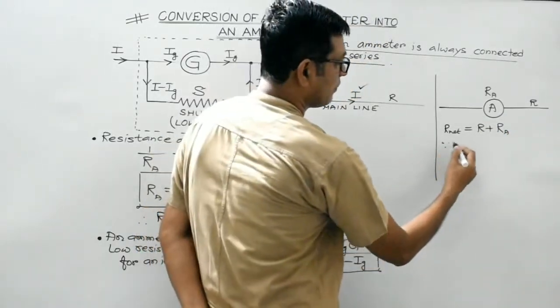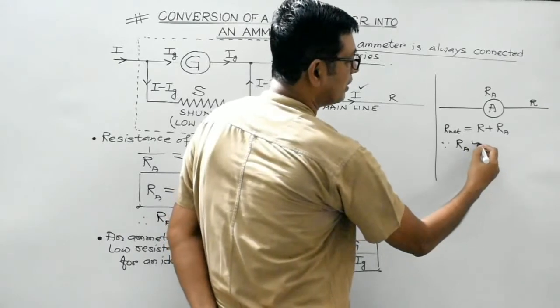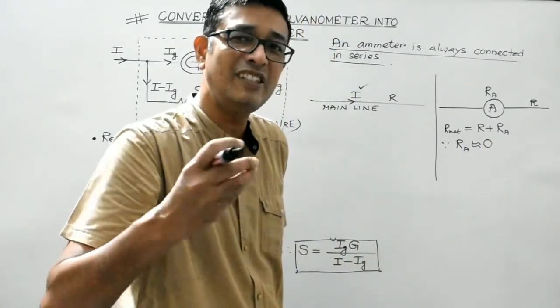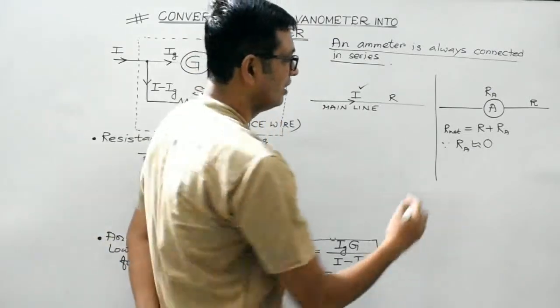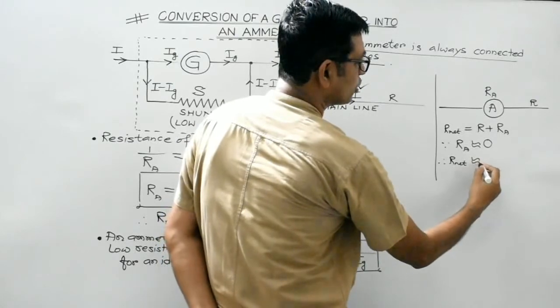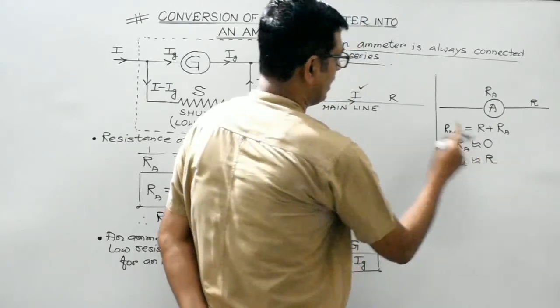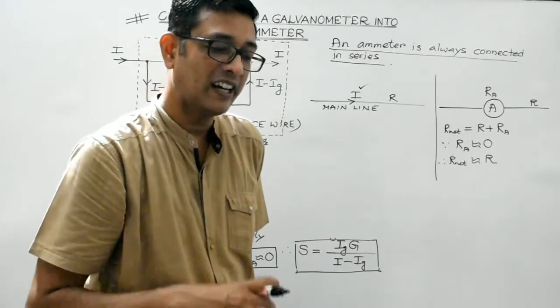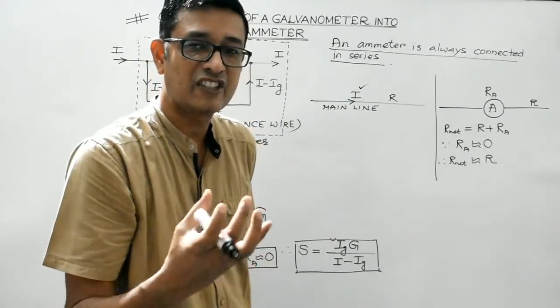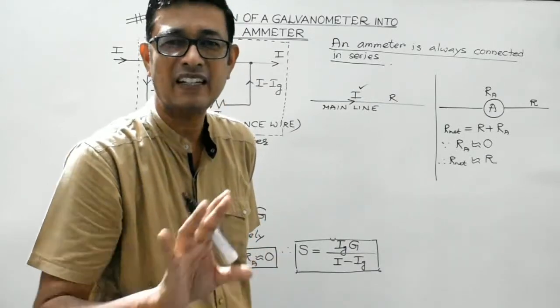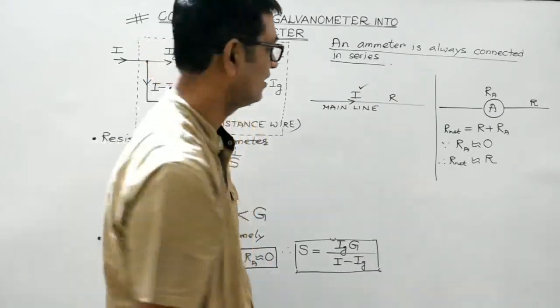Now, since the resistance of an ammeter is almost zero, it is negligible. An ammeter is an extremely low resistance device. Therefore, R net will be approximately the same as in the previous case. That is, on connecting an ammeter in series in an electric network, the net resistance offered by the circuit practically remains constant.